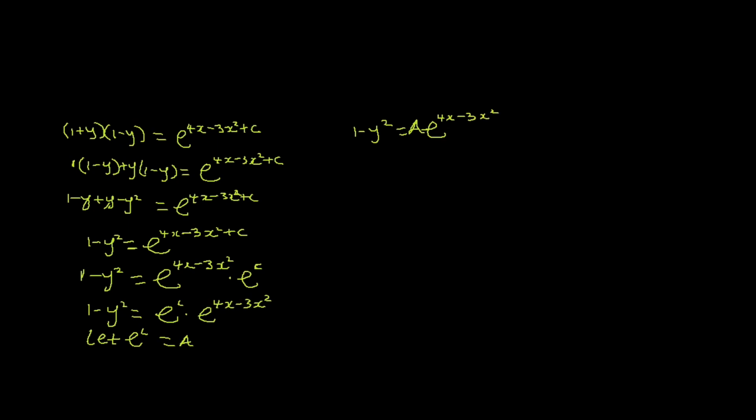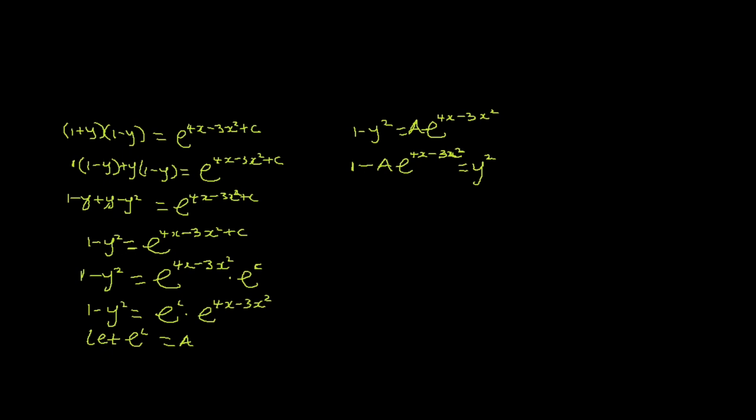Now, like I said earlier, we are trying to make y the subject of formula. So whatsoever is beside y, we'll take it away. Let's bring this expression to this side and take y squared to this other side. We have 1 minus a exponential 4x minus 3x squared equals y squared.